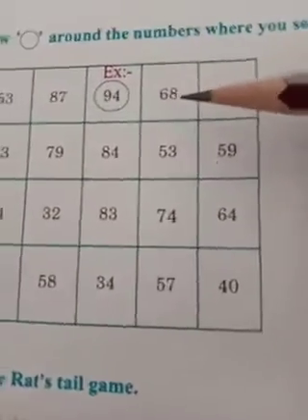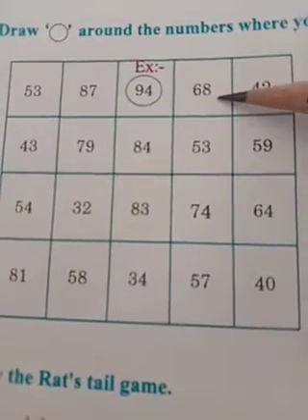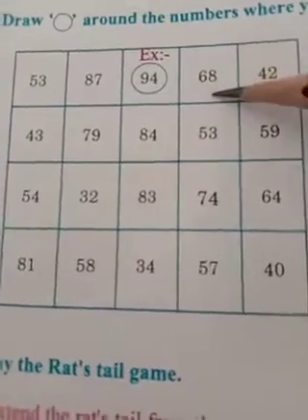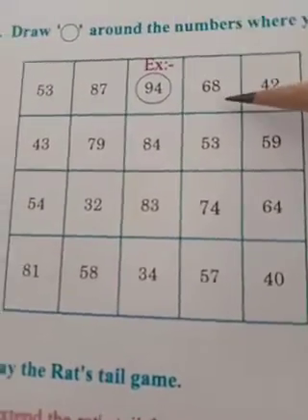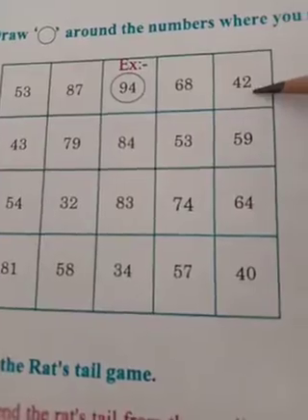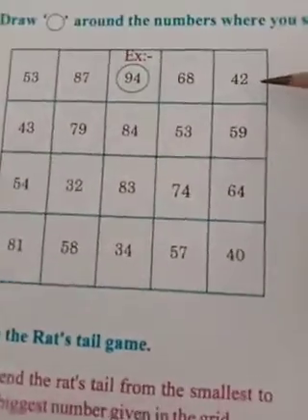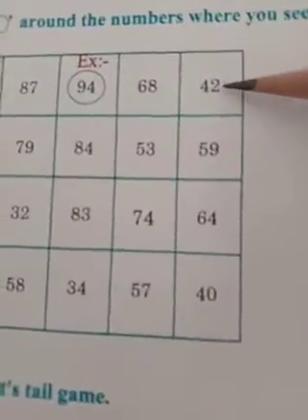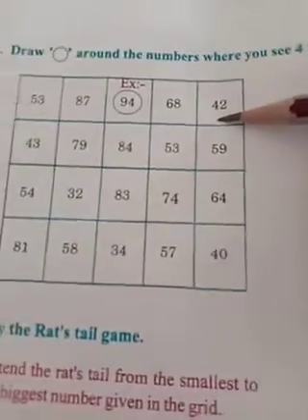So now the next number, children. 68: 8 in ones place, 6 in tens place. So don't take this number. See here, there is a 4, but here 2 is in ones place and 4 in tens place. So don't count this one, children. This side only count: 2 in ones place, 4 in tens place.